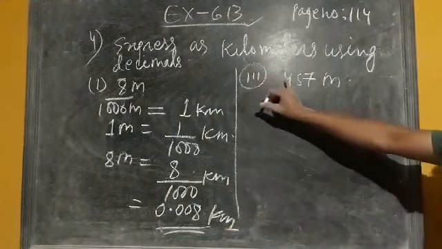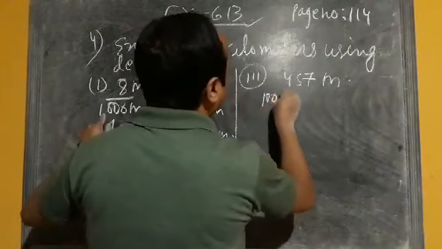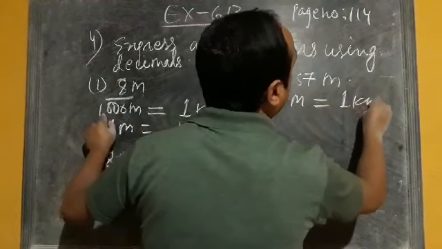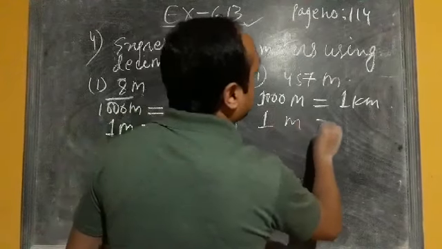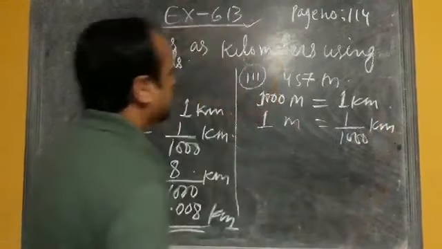Next question we have 457 meters. So once again, 1000 meters equals 1 kilometer, so 1 meter equals 1 by 1000 kilometer.